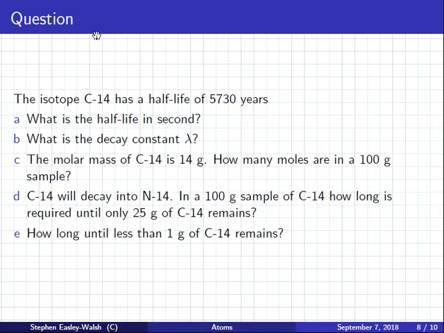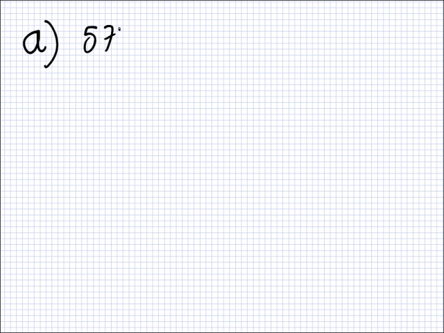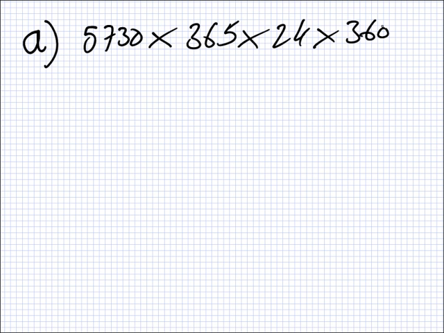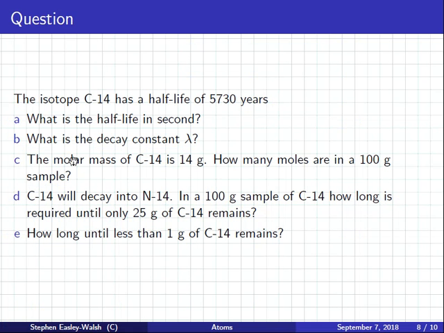It's 5730 times 365 times 24 times 3600. That's 1.807 times 10 to the power of 11 seconds. Good.